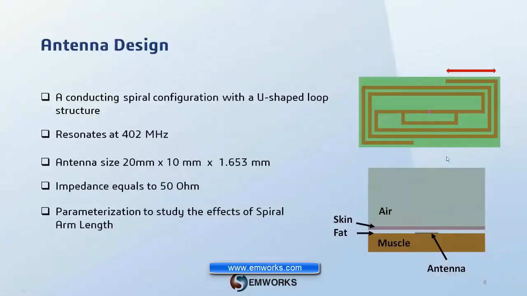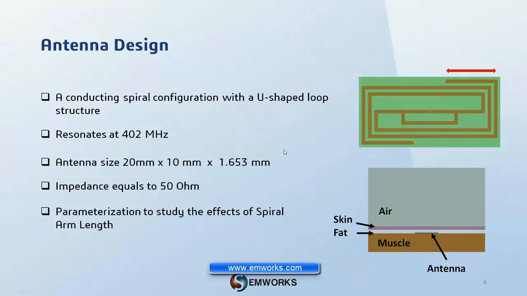So our antenna today will be a spiral antenna, this to be able to create a very long antenna in a small surface. The dimension of the substrate is 2 centimeters by 1 centimeter, and the thickness is 1.65 millimeters. The material of the substrate is Rogers with a permittivity of 10.3.